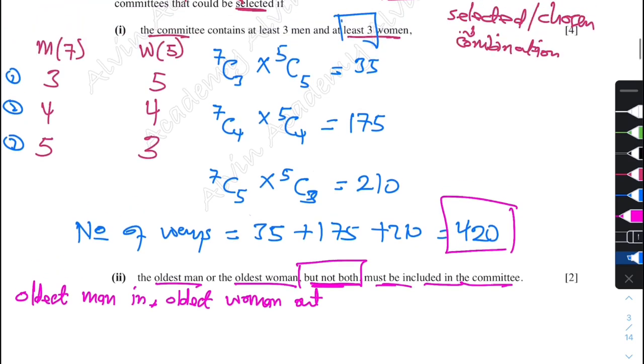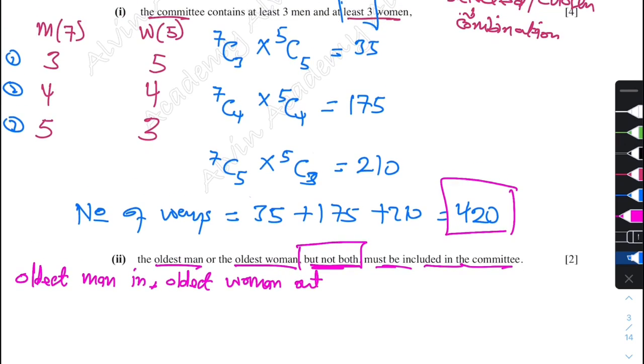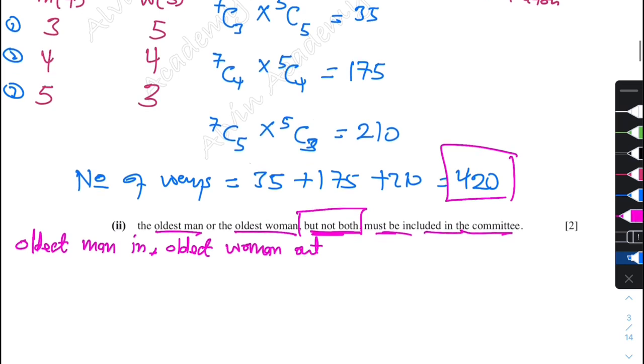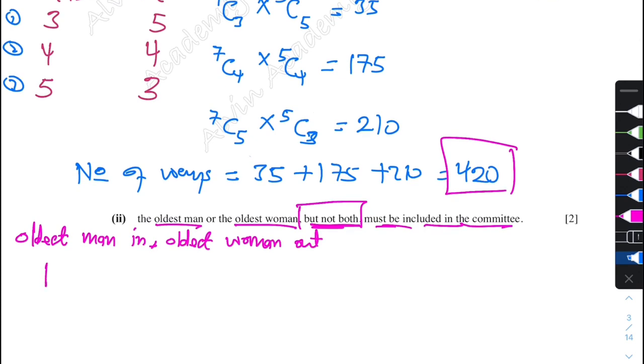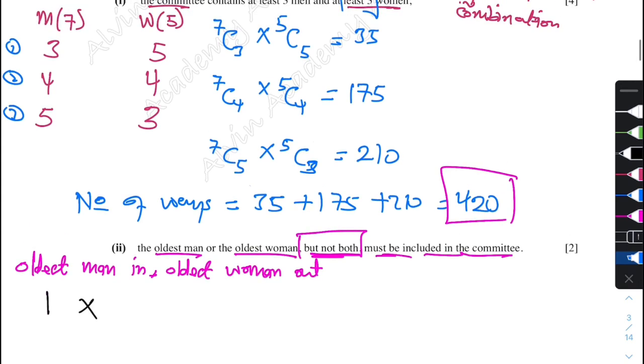Now this is how I want you to answer this particular question. You want to select a committee of 8 people. If the oldest man is in, that is one way of getting him. You are done, and then your interest is on the other people.